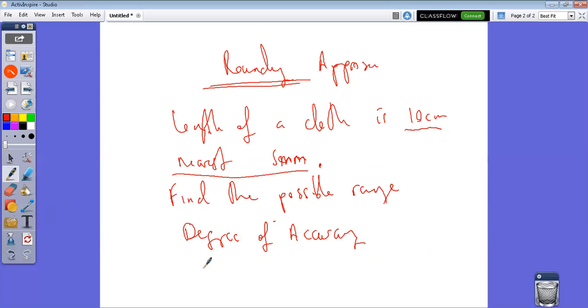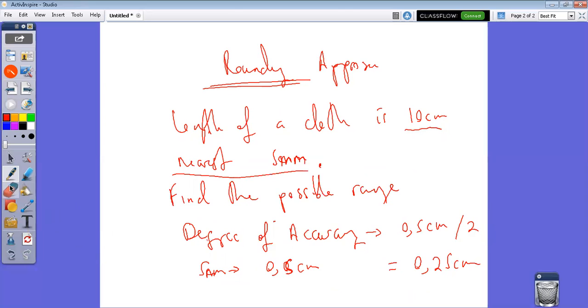So my first question is, what is 5 millimeters in centimeters? 0.5. Yes. So this is 0.5 divided by 10. That's correct. 0.5 centimeters. So the degree of accuracy here is 0.5 centimeters divided by 2. We always divide this by 2. And from your calculator, you'd get 0.25 centimeters.